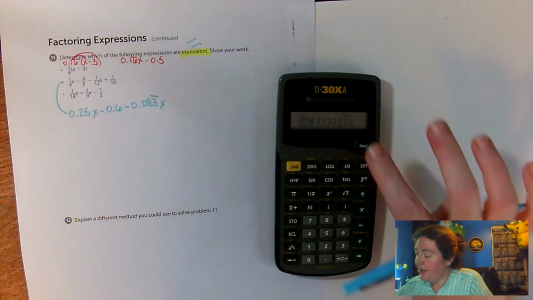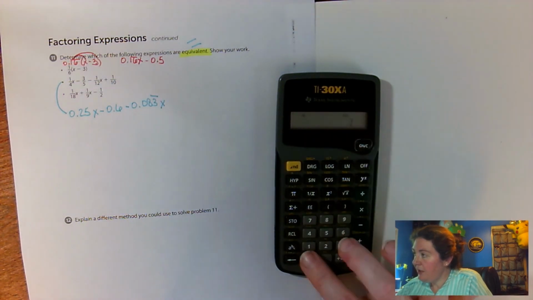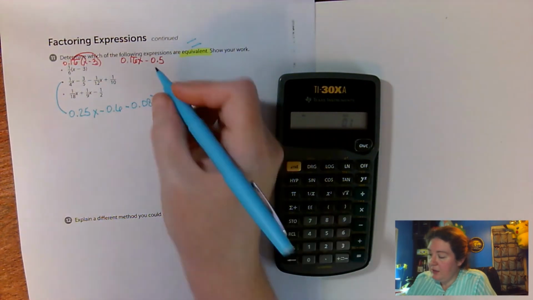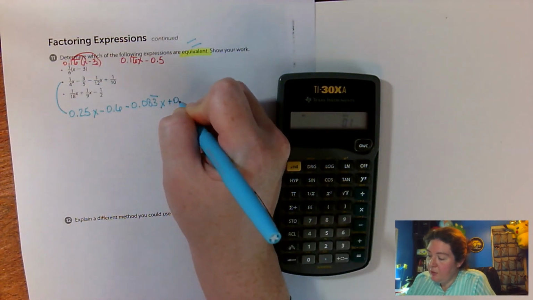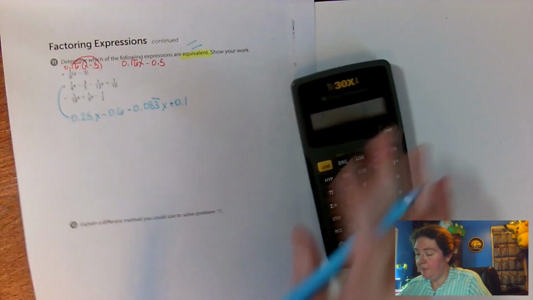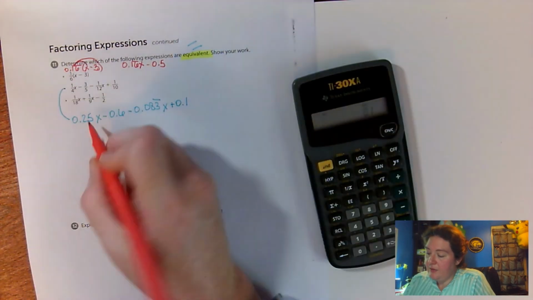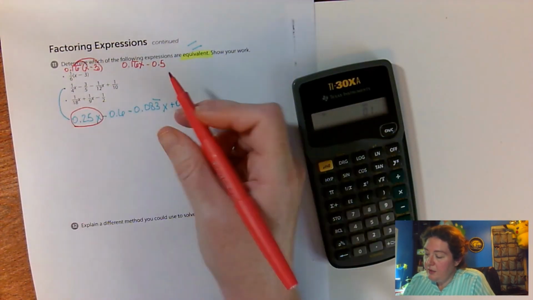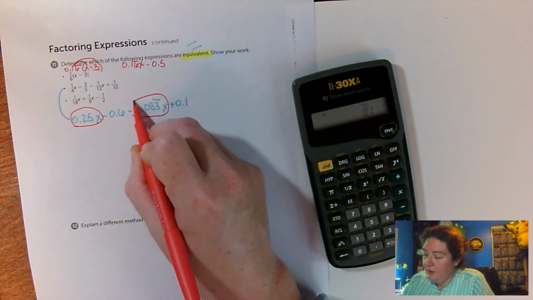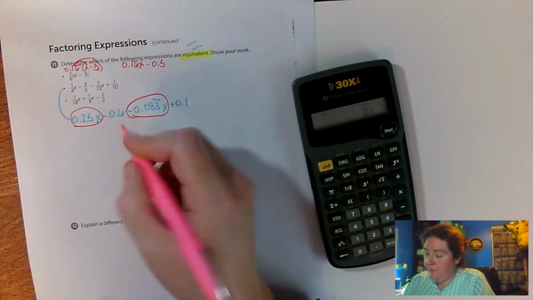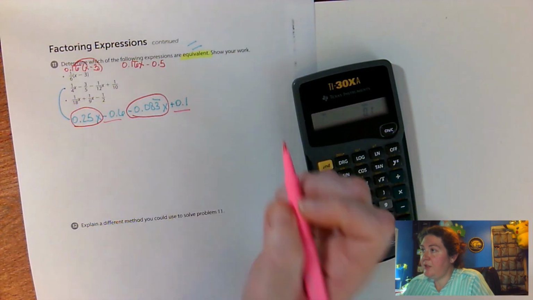I change this last one. 1 divided by 10 gives me 0.1. Now, I've got x family, x family, plain Jane family, plain Jane family.